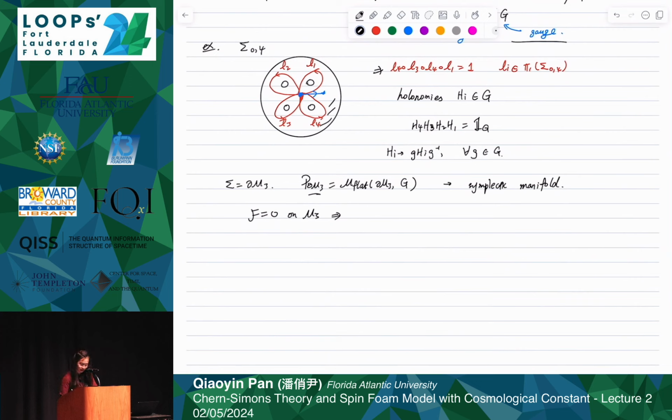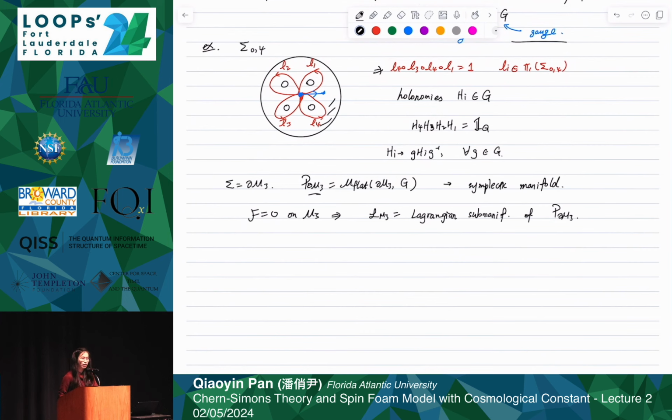And this is actually a Lagrangian submanifold. I will denote it by L of M3, and it is a Lagrangian submanifold of this symplectic space, or phase space, of Chern-Simons theory on the boundary of the three-manifold.